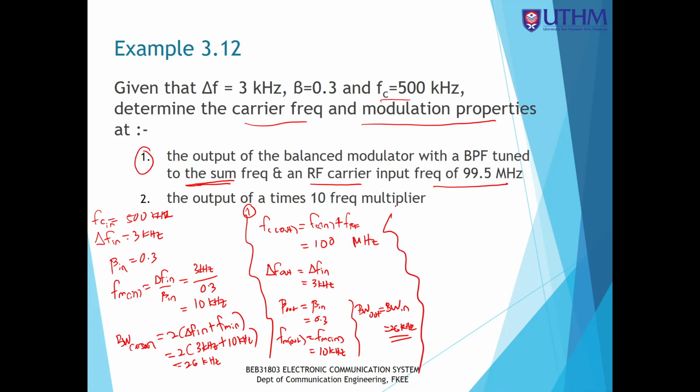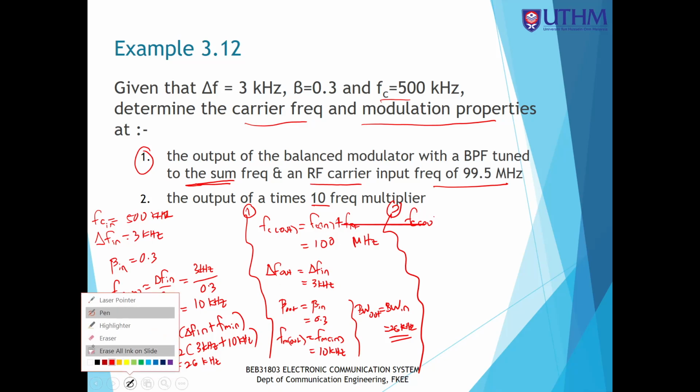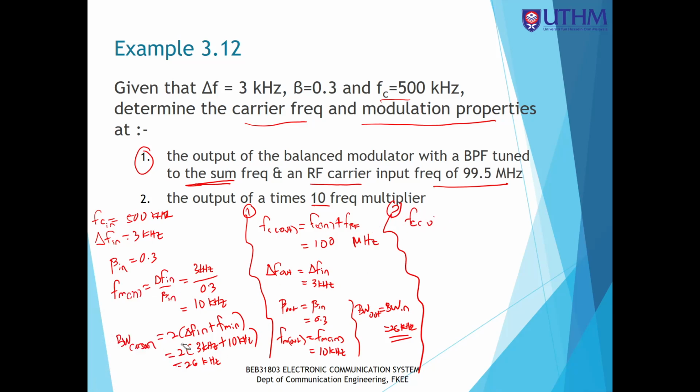If we use a multiplication method with n equal to 10, that means FC out is equal to FC in multiplied with 10.